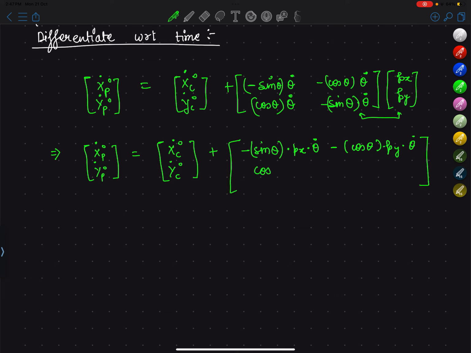And on the second row, cos theta into px into theta dot minus sine theta into py into theta dot. So this vector can be added to this one.